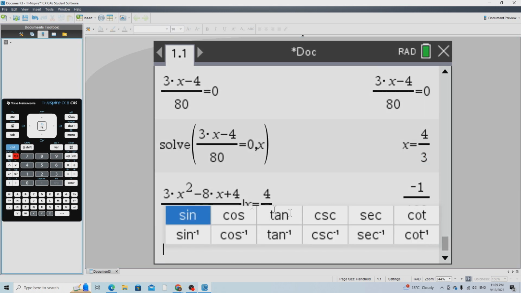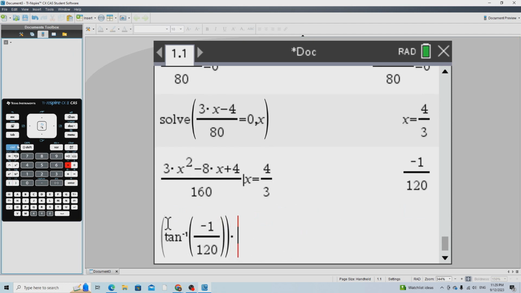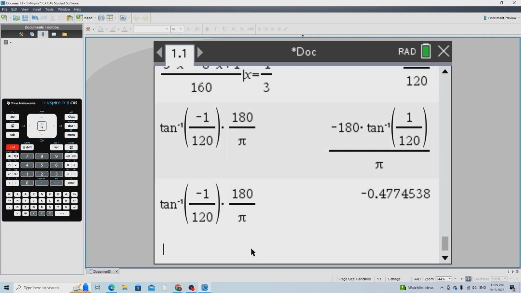We just need to find the angle, which is just tan inverse of that. We want to turn it into degrees also, so times 180 over pi, which is this, but remember it's telling us to find a positive acute angle, so it's going to be just 0.5.